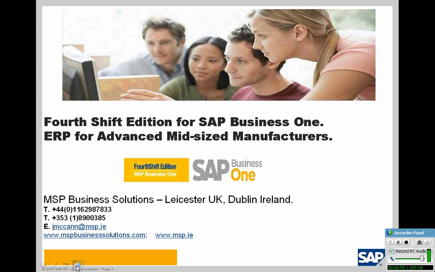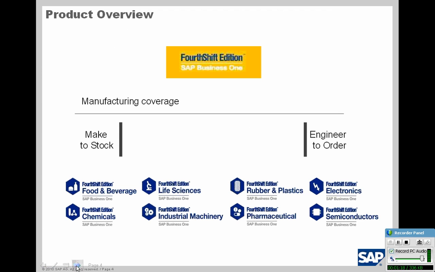What differentiates 4-Shift from other manufacturing add-on solutions is that it's designed exclusively as the only advanced global manufacturing solution for SAP Business One. Most importantly, 4-Shift Edition is delivered by accredited Center of Excellence partners who concentrate on SAP Business One manufacturing.